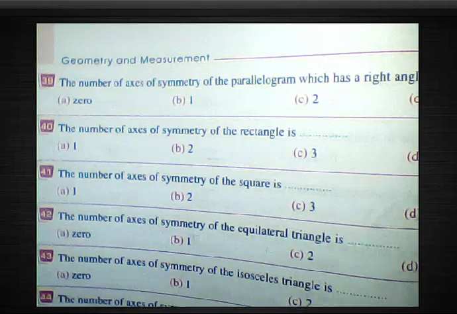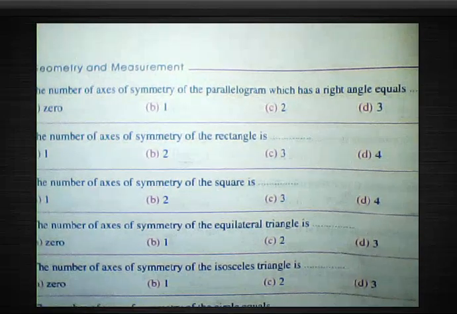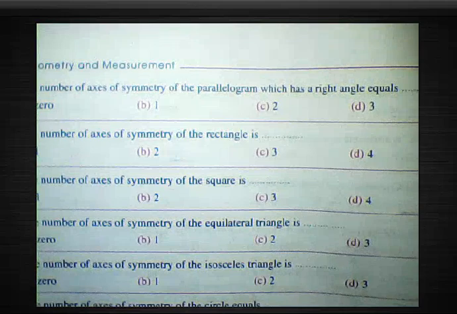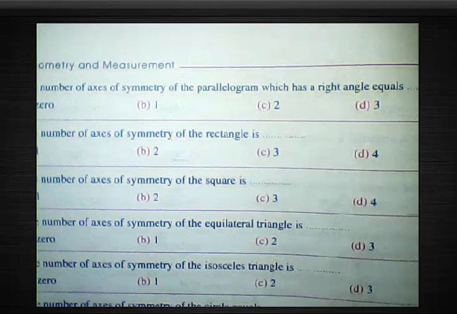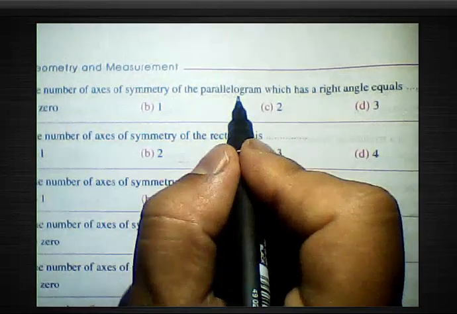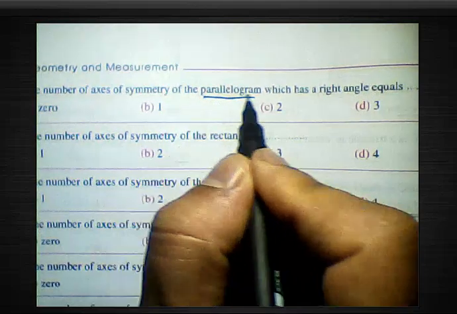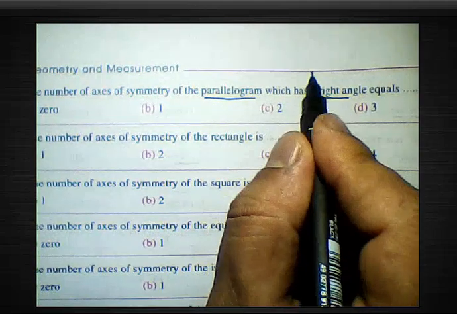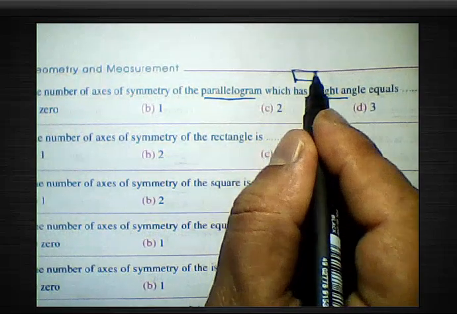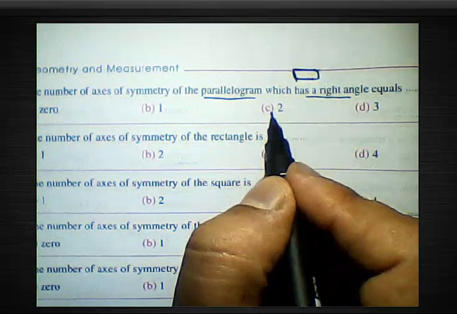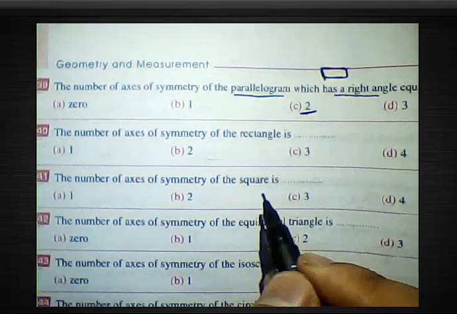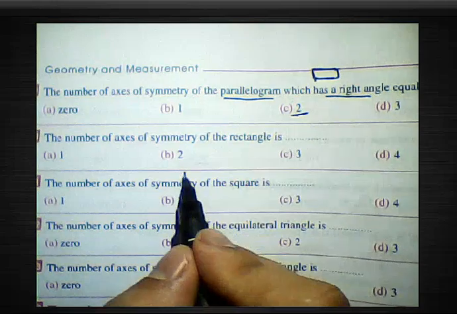The number of axes of symmetry of a parallelogram which has a right angle equals what? The number of axes of symmetry of a parallelogram is 0, but if it has a right angle, it will be a rectangle. A rectangle has two lines of symmetry. The number of axes of symmetry of a square is 4.